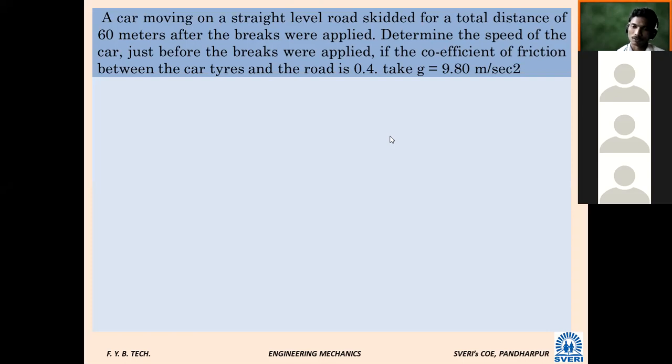Read once again. Let us see what you understand from this, or can somebody explain this? There is one straight road, something like this. One car, so I will draw something like this. Let it be our car, a rectangular car moving.